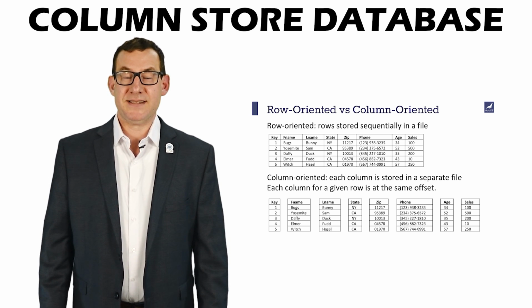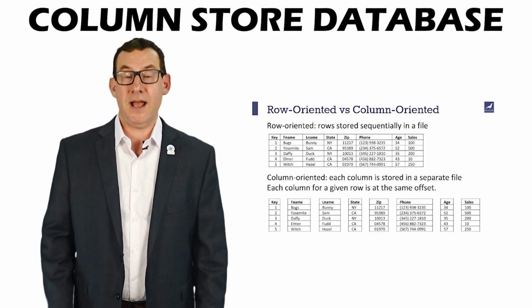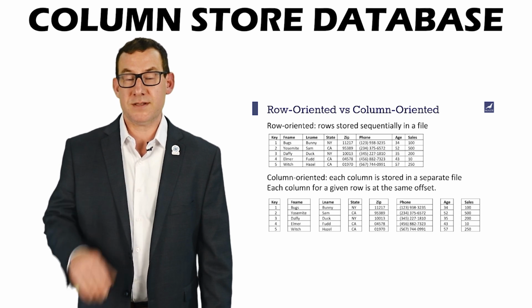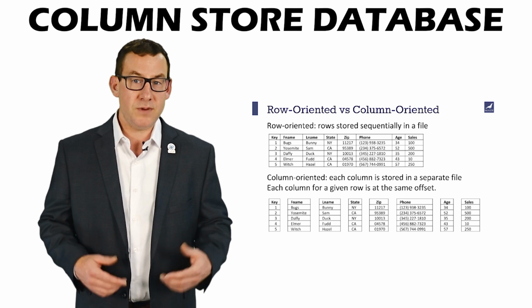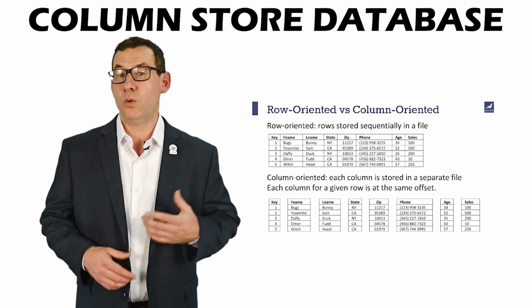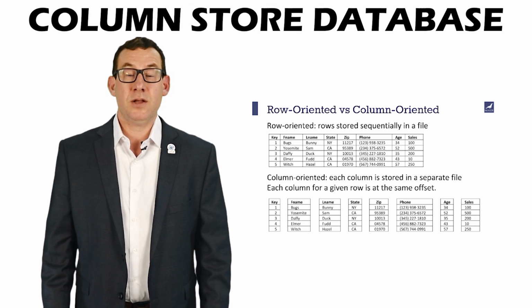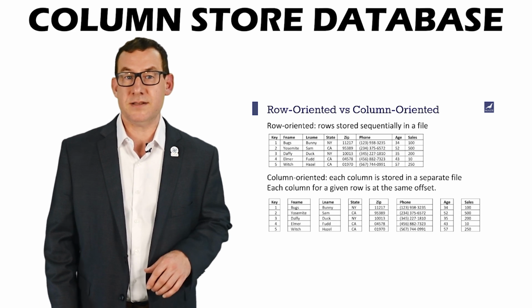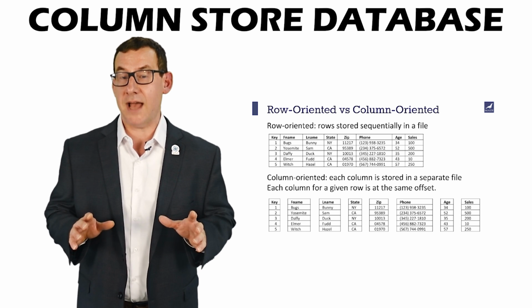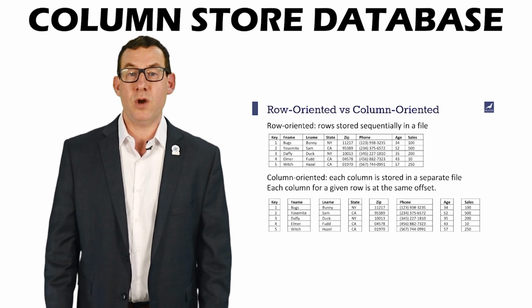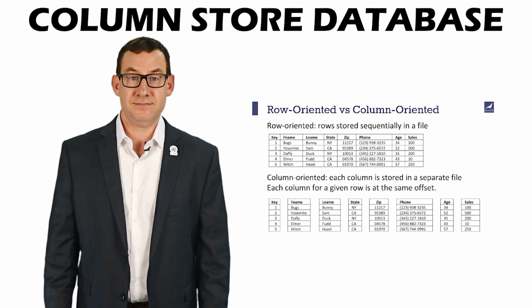Column store database. Column store supports data as columns instead of rows. This arrangement is usually optimized for queries over large datasets. Querying over rows is memory intensive and requires huge disk access, especially when each row contains many columns.